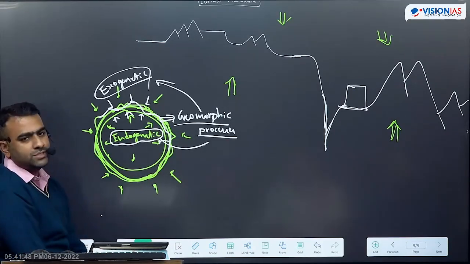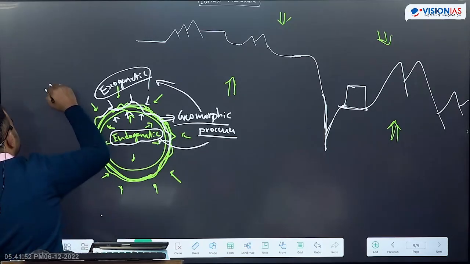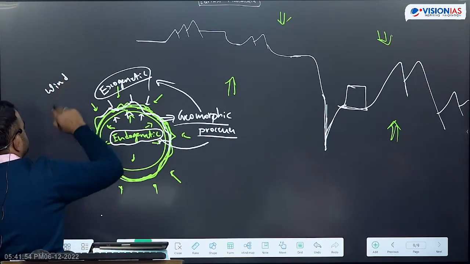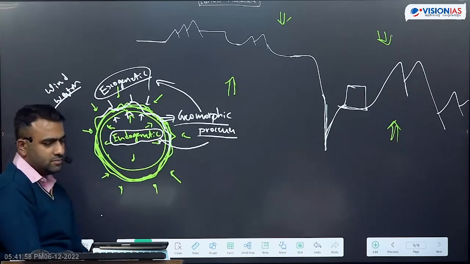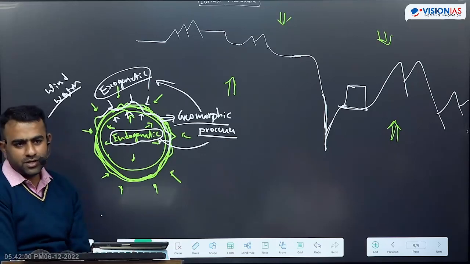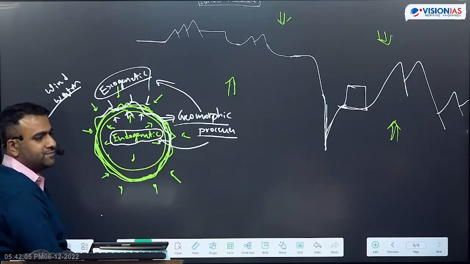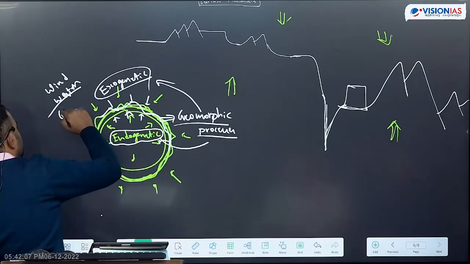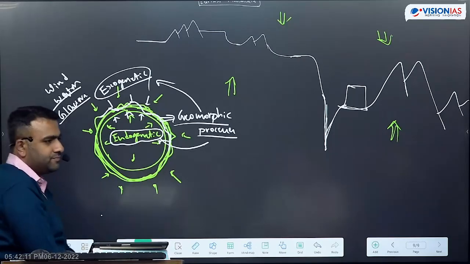What is the force which is causing this here? Any examples? Wind, water. Water includes the rainfall, river water, groundwater also, and even the coastal waves and glaciers. The movement of glaciers also changes the surface.